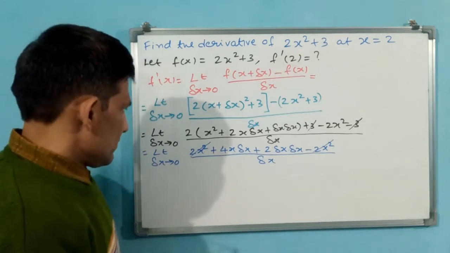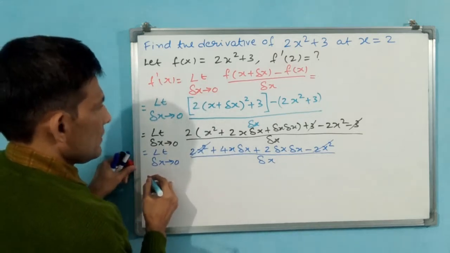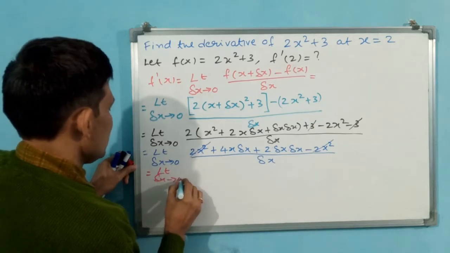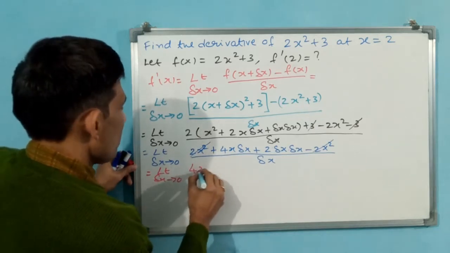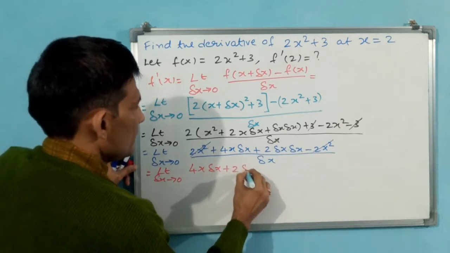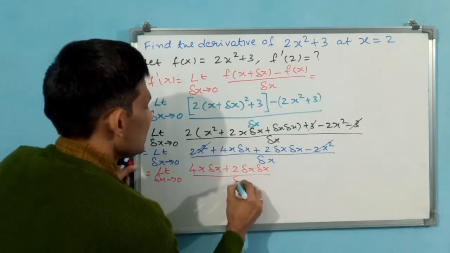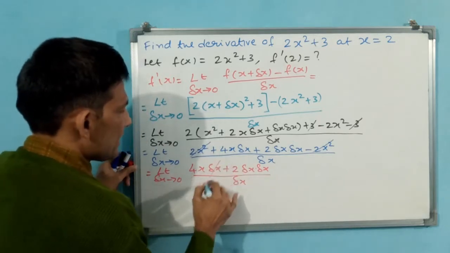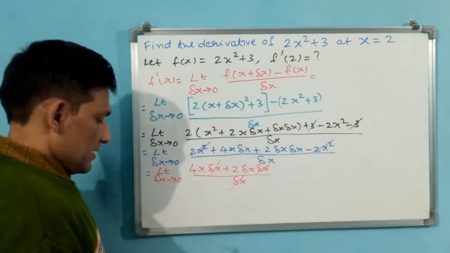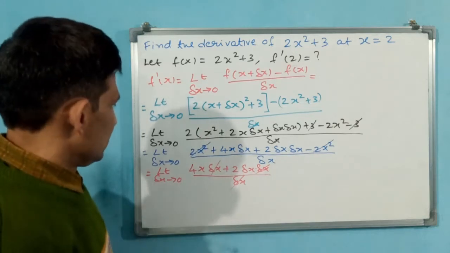What is going to come now? That is equal to limit delta x tends to 0, 4x delta x plus 2 delta x divided by delta x. Now I am cancelling one delta x and here also one delta x. Whatever comes is f dash x.